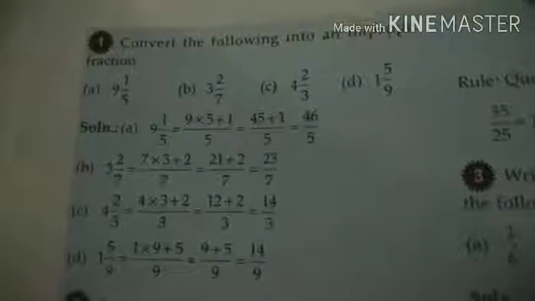So convert the following into improper fractions. We will see point A, 9 and 1/5. So the solution of 9 and 1/5. First we multiply 9 with 5 and add 1. So 9 multiplied by 5 plus 1, over 5 as it is.